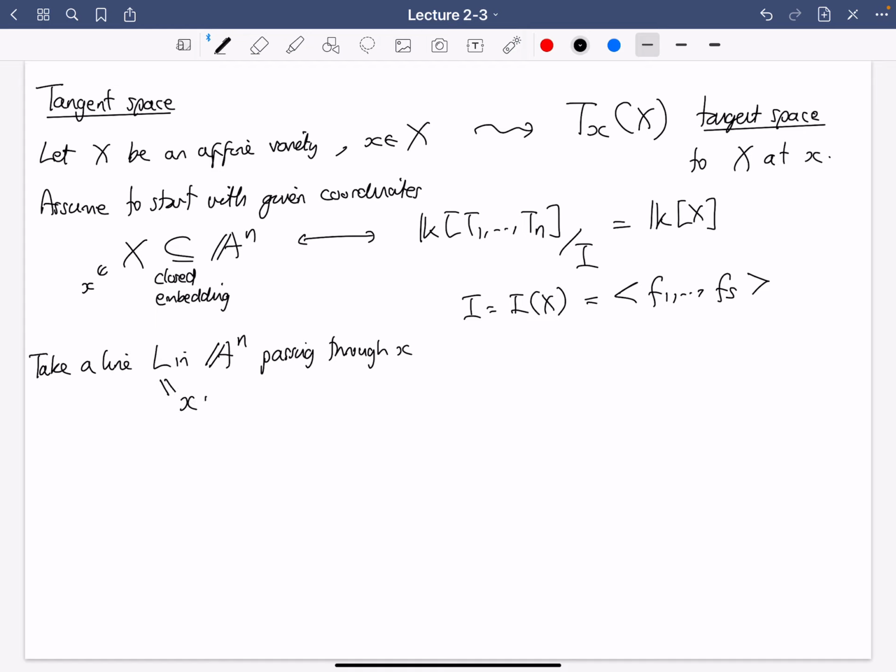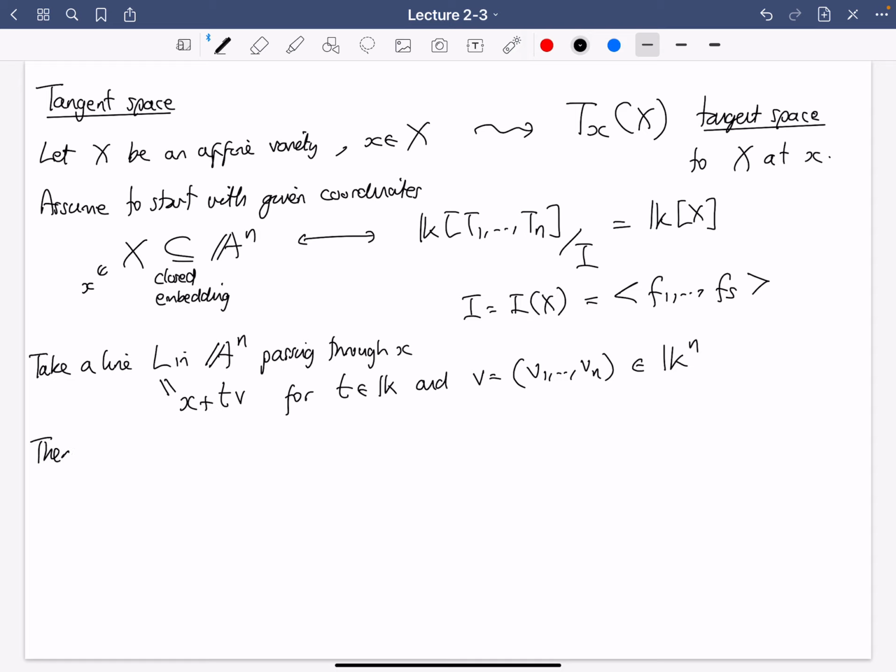It looks like x plus t v, for t in the field and some vector v. So we're in A^n, so v is just an n-tuple in k^n. That's the vector in the direction of that line.